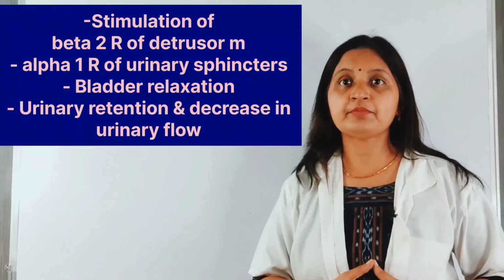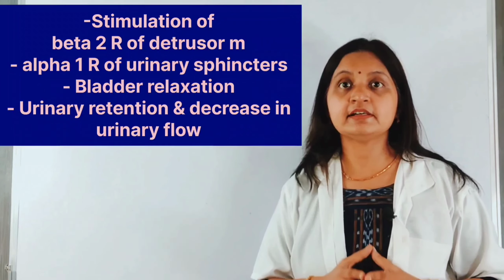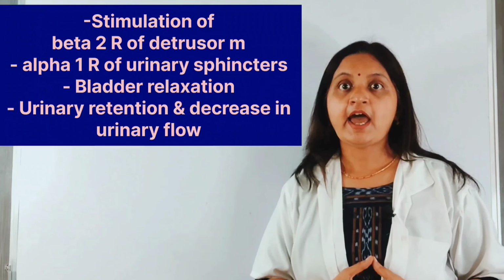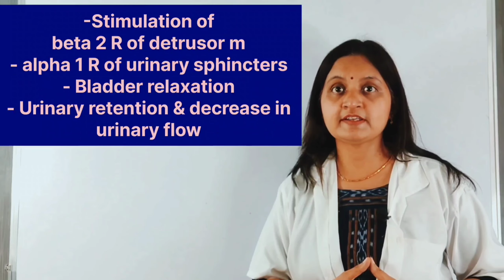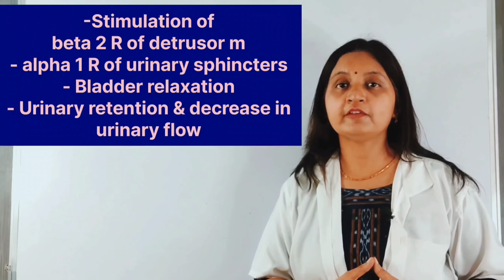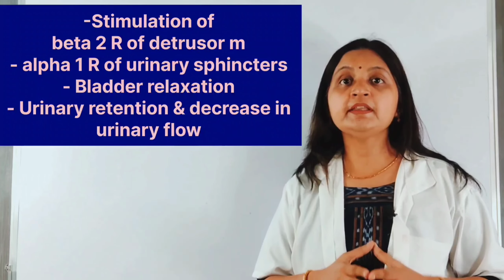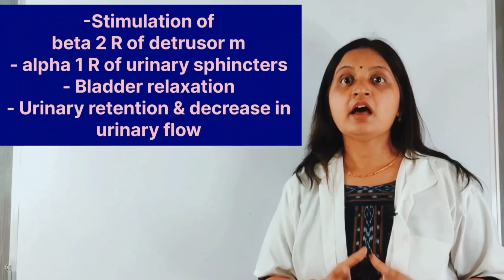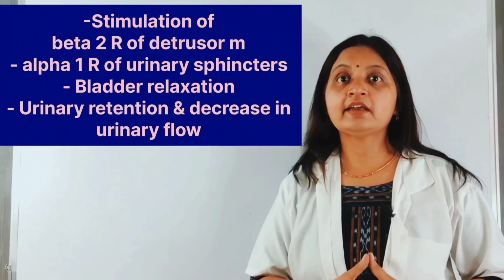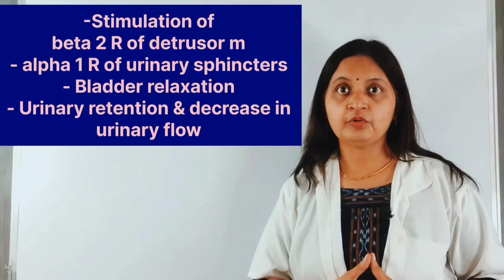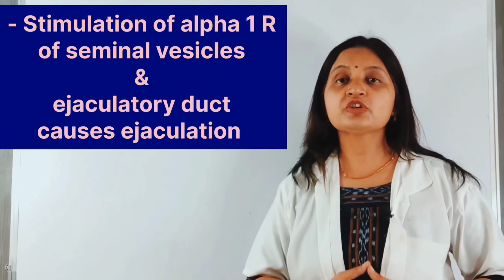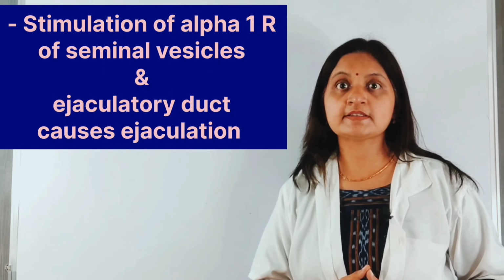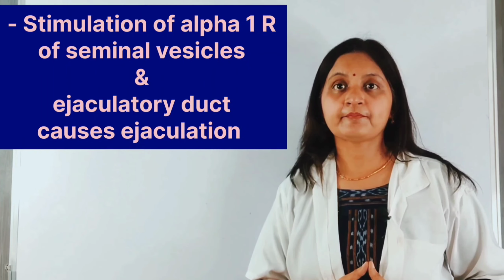Stimulation of beta-2 receptors of the detrusor muscle causes relaxation of the bladder, and alpha-1 receptor stimulation results in contraction of the urinary sphincter and trigone of the urinary bladder. So sympathetic stimulation results in urinary retention and decrease in the urinary flow. Alpha-1 receptors are also present in the vas deferens and the seminal vesicles. Stimulation of alpha-1 receptors causes ejaculation.